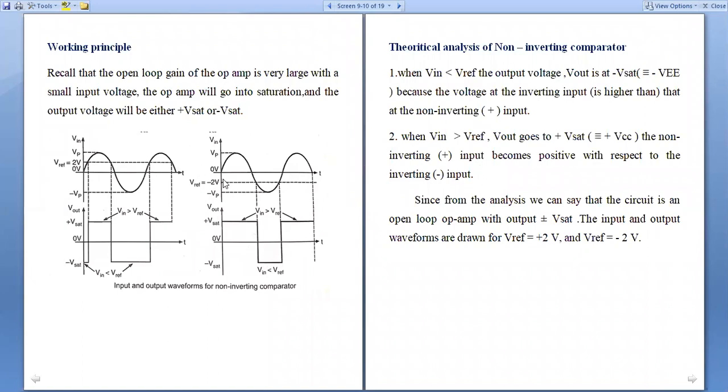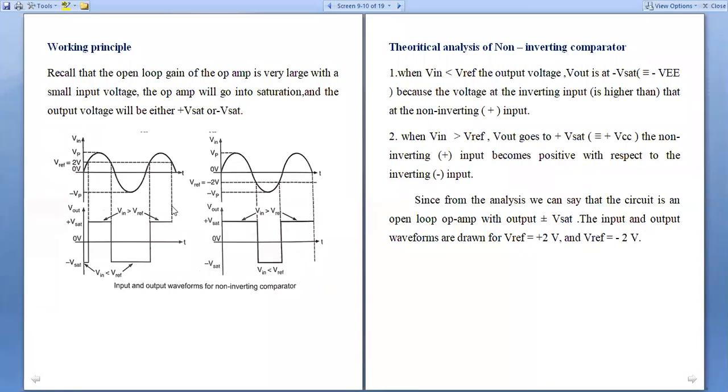That means if the input voltage is greater than the reference voltage, the output voltage is plus V sat, and if the input voltage is less than the reference voltage, we can see minus V sat. Here the reference voltage, positive or negative, is around 2 volts, plus 2 volts or minus 2 volts.